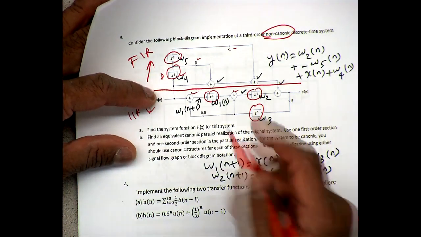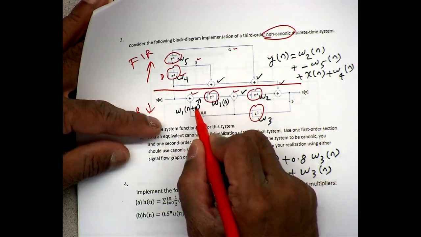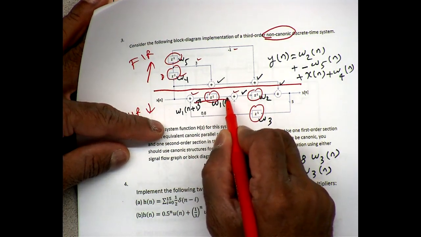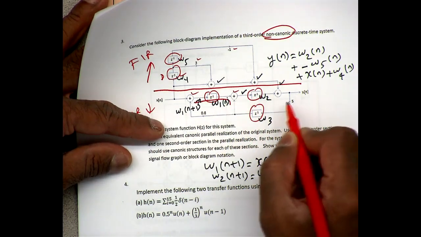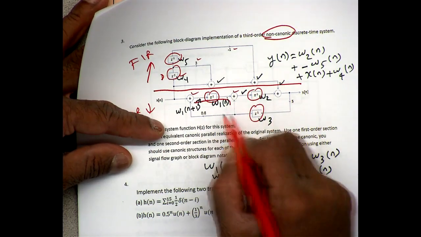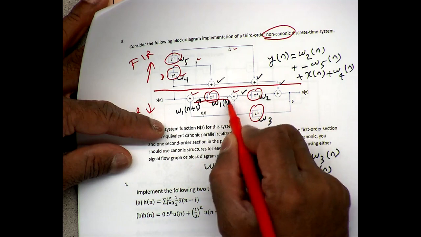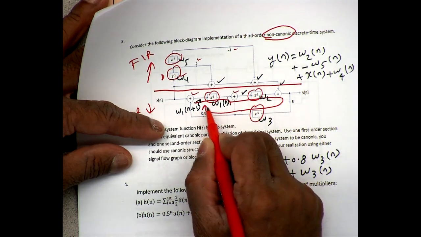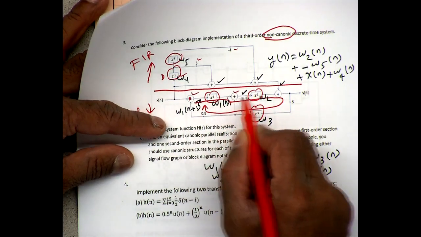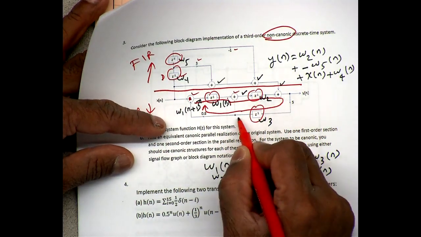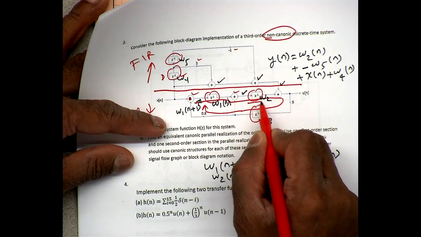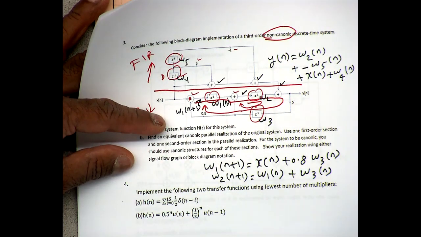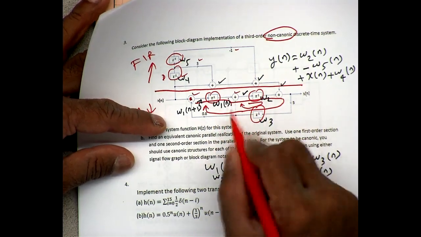However, on the bottom path, if you look, there is a signal here. Where are the loops? Let's see if I can find. Okay, I can see that there is a loop here. If I start here, go through this path, come back, and then there is an inner loop here, from here to here. So there are two loops here, and that's the feedback part.